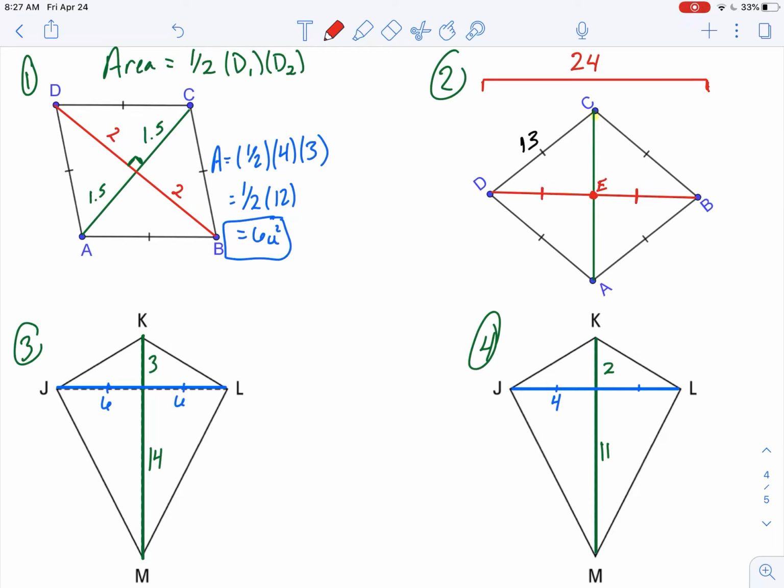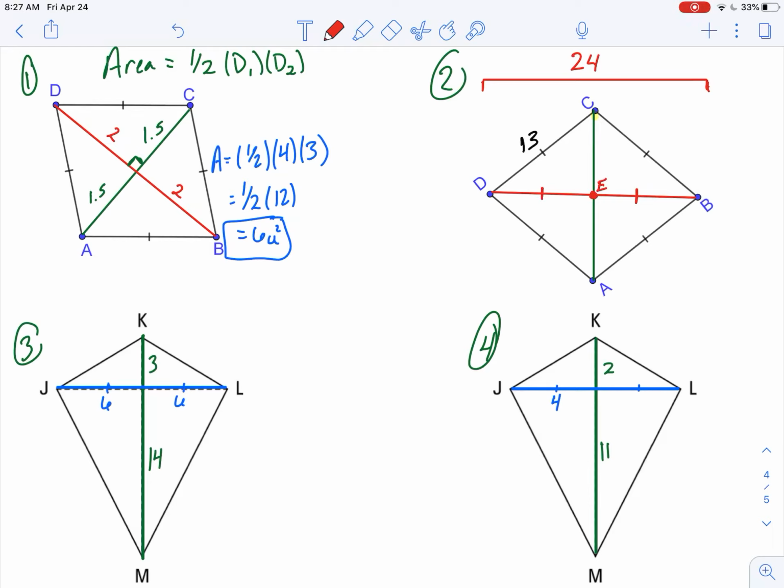Well, I've got 13 over here, and I know that in a rhombus, the diagonals bisect each other. So this part must be congruent to this part. If I call this point E, then DE must be congruent to BE. So each half of this 24 unit long diagonal must be 12.